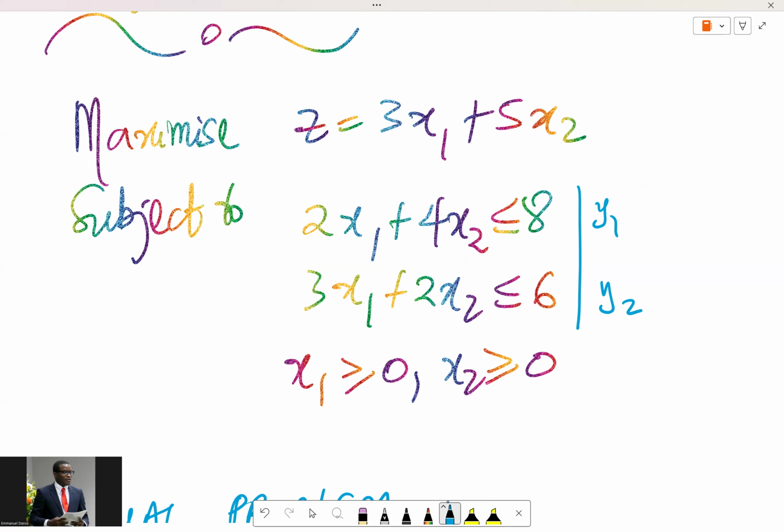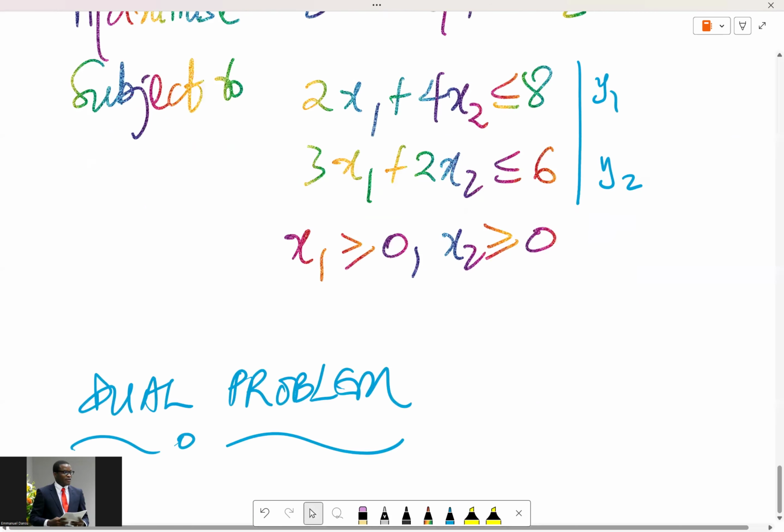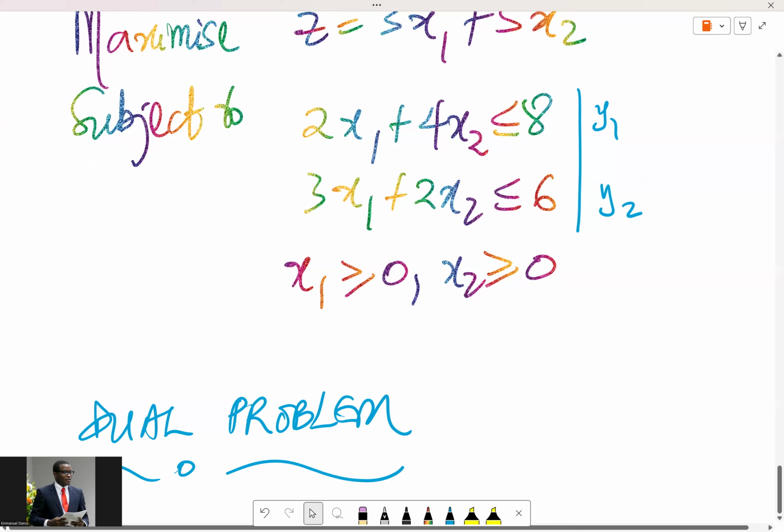So if you have 2 constraints in primal, you're going to have 2 decision variables in the dual. Then the number of decision variables you have in the primal is going to correspond with the number of constraints you have in the dual. That will be explicitly explained in the next video.